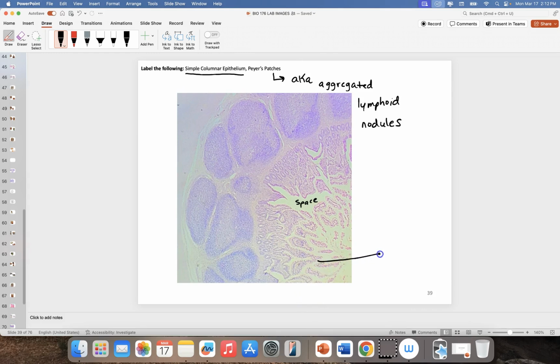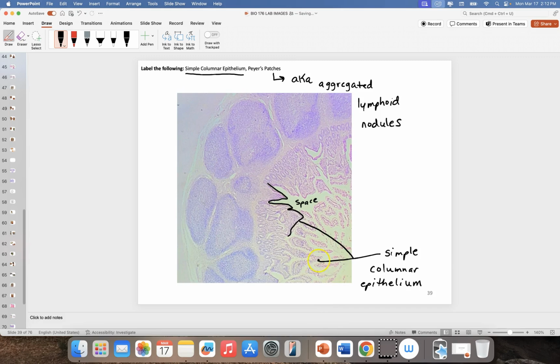I can just go ahead and draw an arrow here. This is going to be our simple columnar epithelium. And again, if you just follow along these villi and we follow along the tissue that faces that space, all of that tissue right there is going to be simple columnar epithelial tissue.